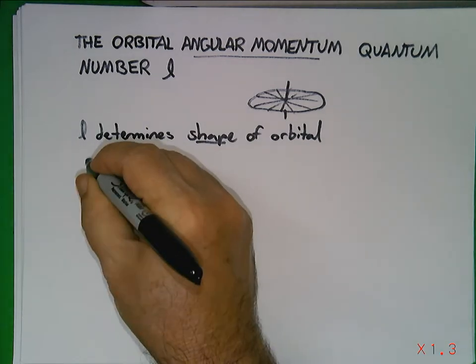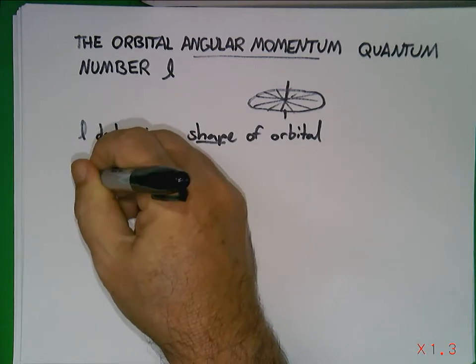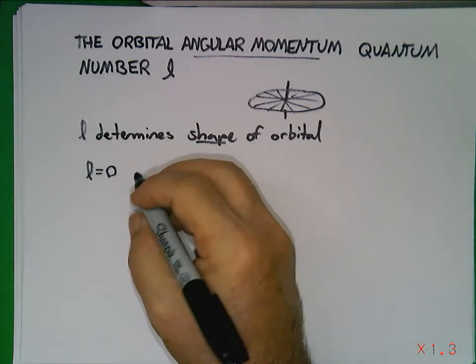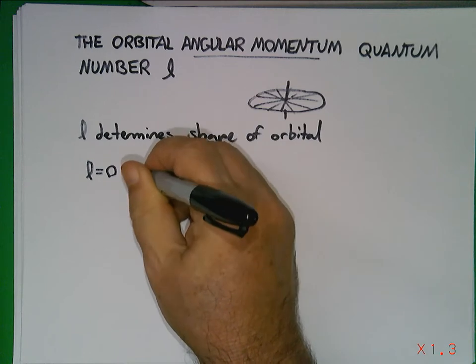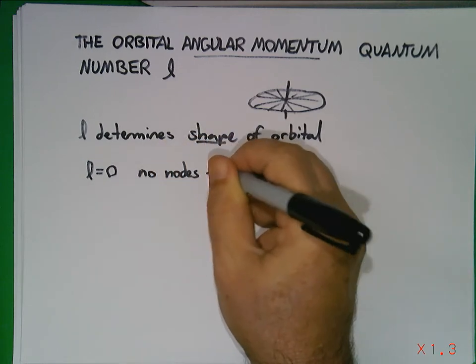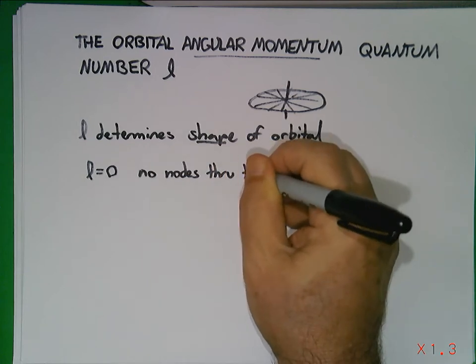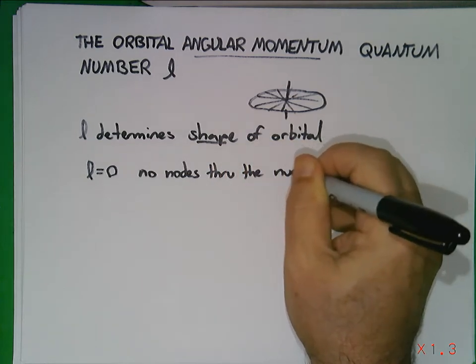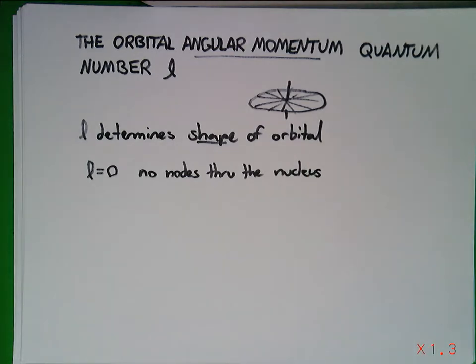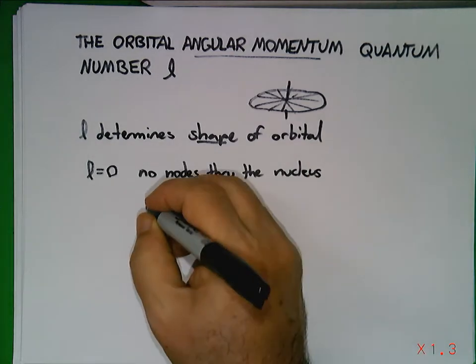When you have L equals 0, that means that there are no nodes through the nucleus. So that would be like the waves that we have seen up until now.